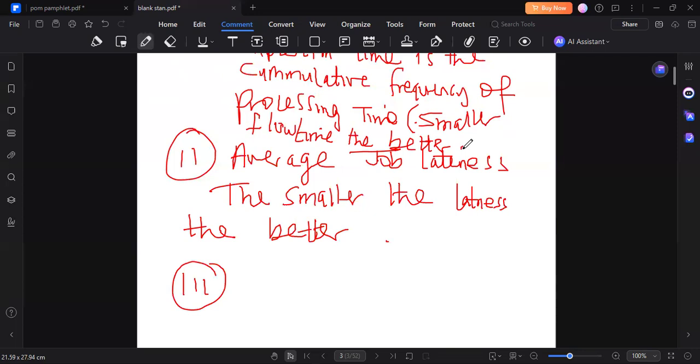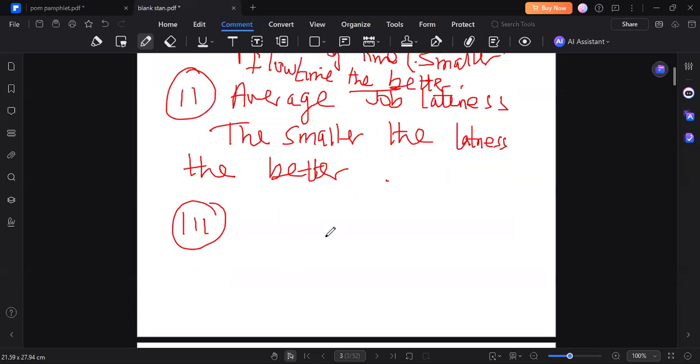Then the other one is actually the average number of jobs in the system.